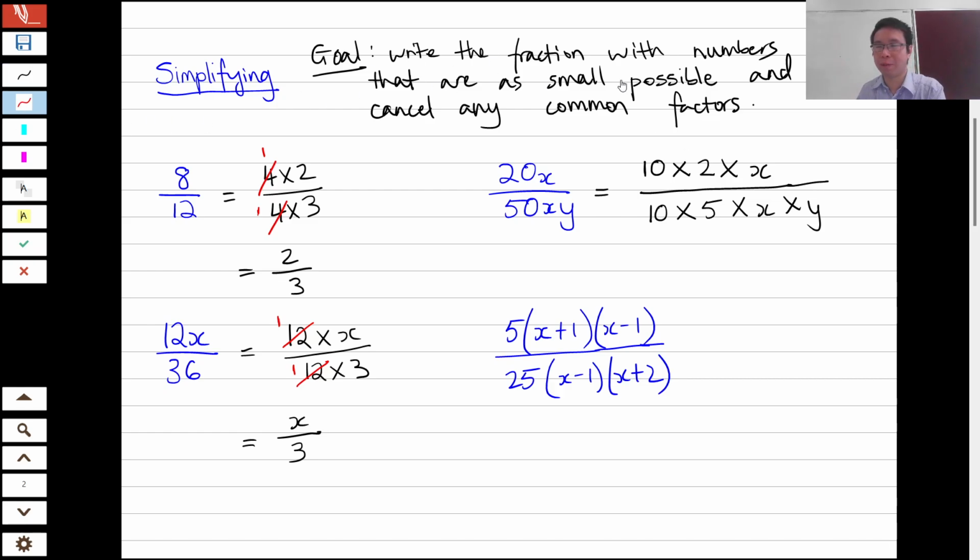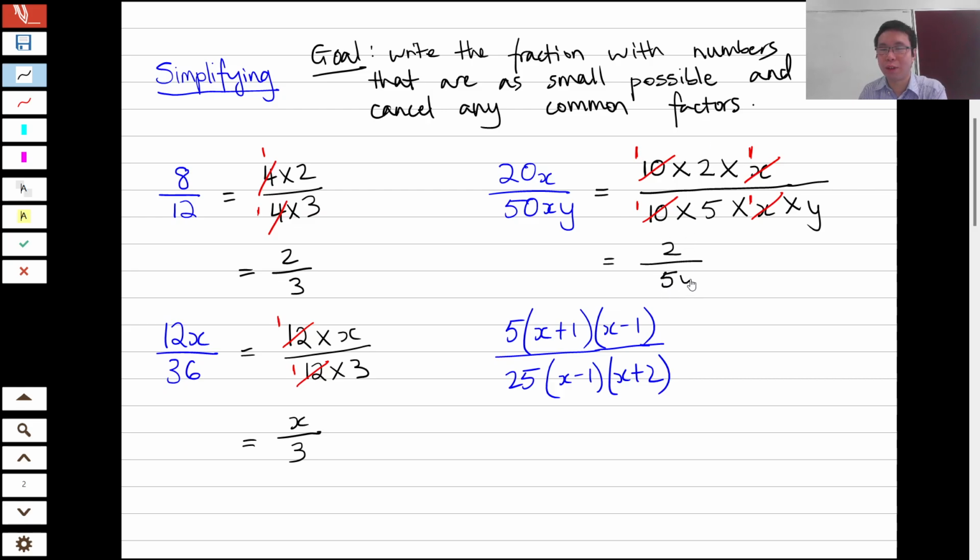Okay, so I've broken up the top and the bottom into its various factors. And now I've got to look, can I cancel anything? Well, I can cancel the 10. And can I cancel anything else? Yes, I've got an x in common to both the top and the bottom. So that leaves me with 2 on top divided by 5 times y.